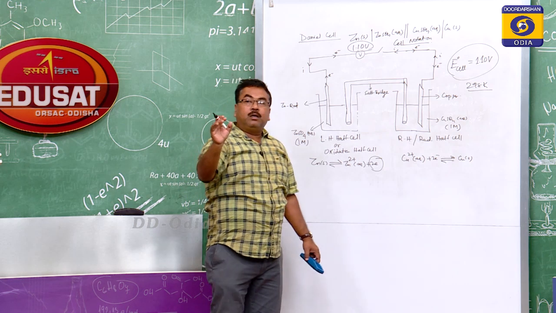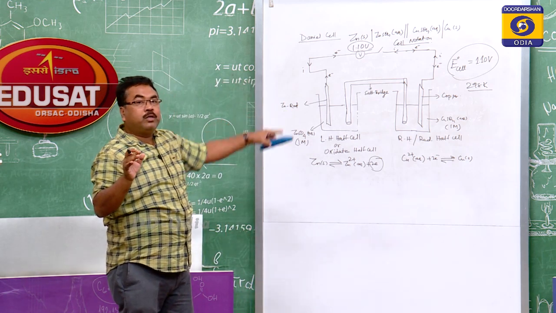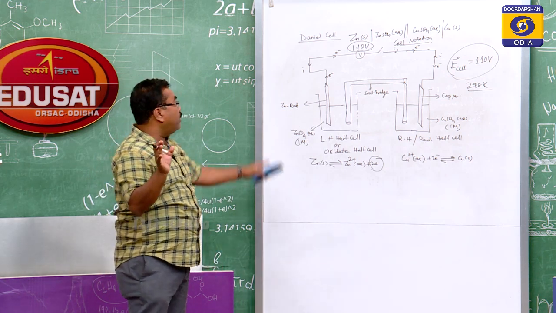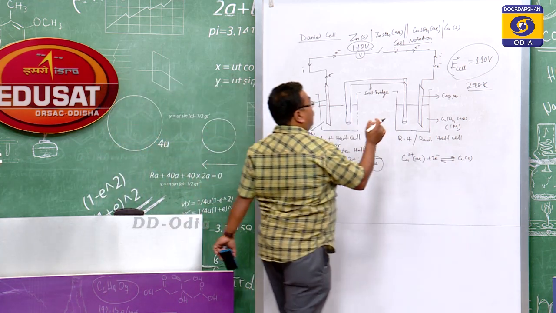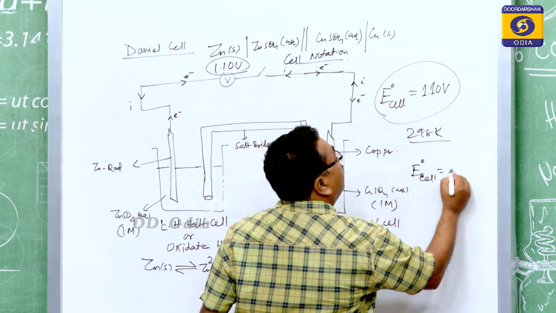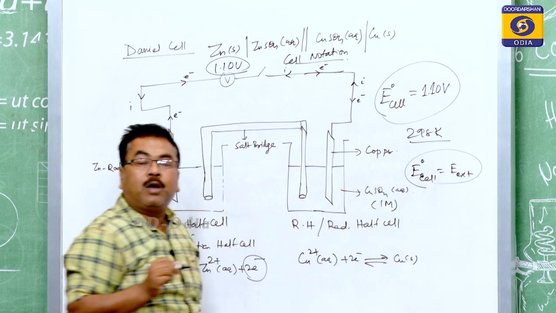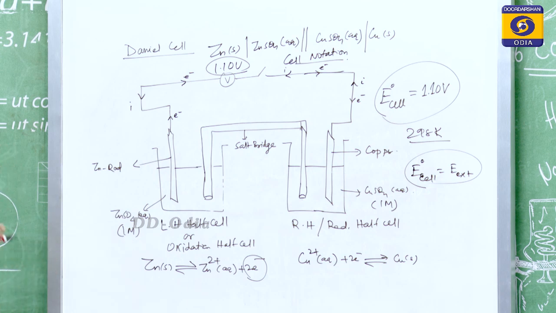When the external EMF is less than 1.10 volt, as usual the conventional current and electrons will flow, and when E0 cell and E external are the same, a state of equilibrium will come and all the process will stop. If this happens, then we can say that this particular Daniell cell is a reversible cell.